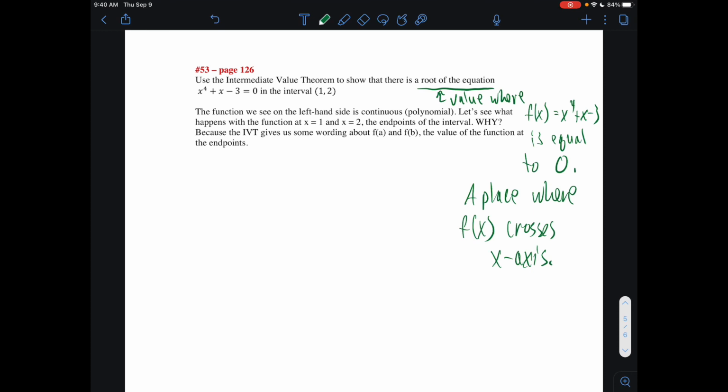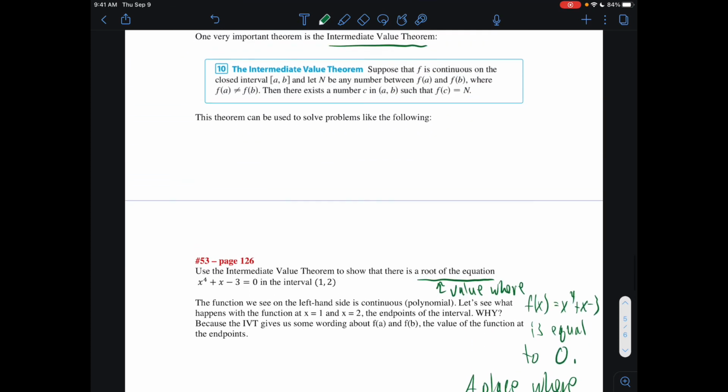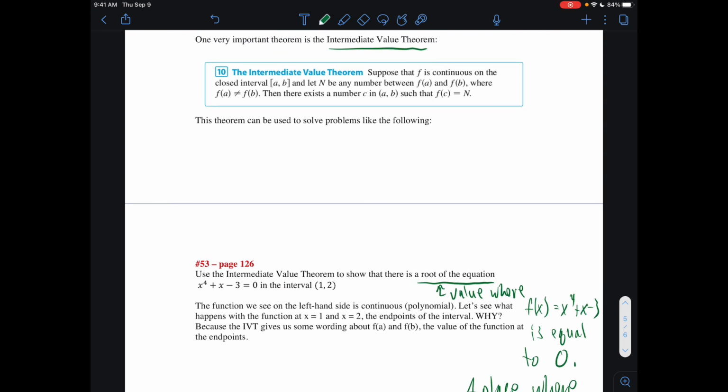What I have written next is the function we see on the left-hand side. That is a continuous function because it's a polynomial. Let's see what happens with the function at x equal 1 and x equal 2, the endpoints of the interval. Why would we want to look at that? Because the intermediate value theorem, the IVT, tells us that we should consider the endpoints of the interval.